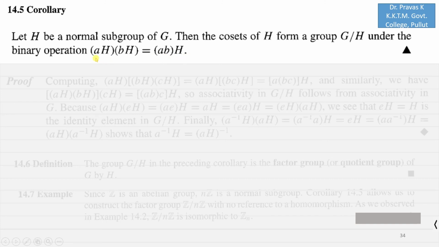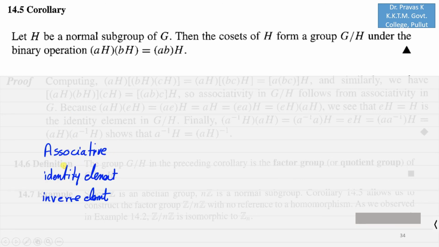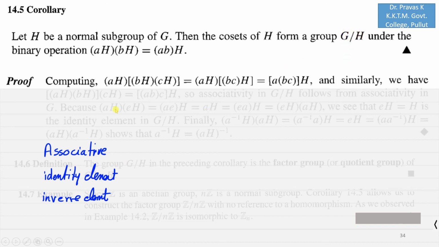So we already saw that this operation is well defined when H is a normal subgroup of G. So here we need to prove three properties, that is associative property, existence of identity element, and existence of inverse element. To prove the associative property, we consider three elements from G over H, that is aH, bH, and cH, where a, b, c are elements of G.